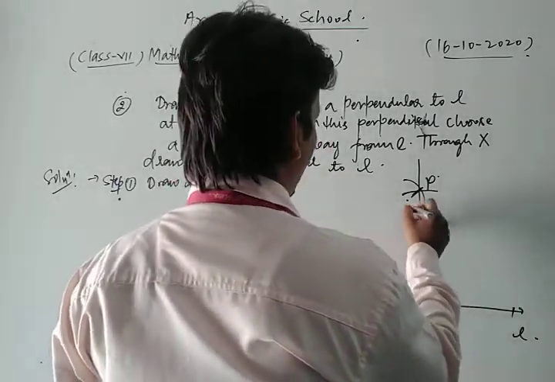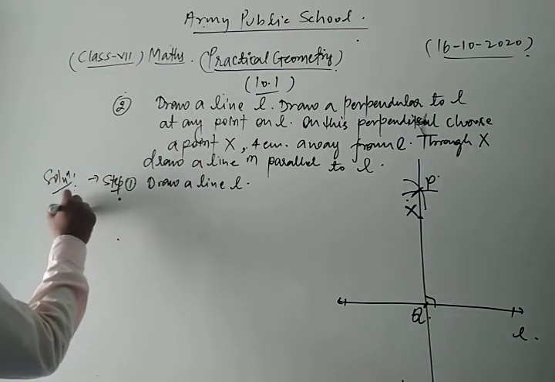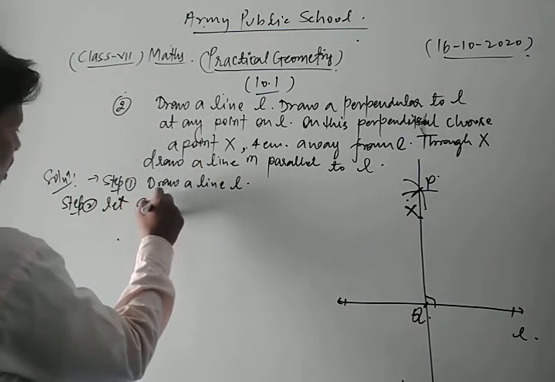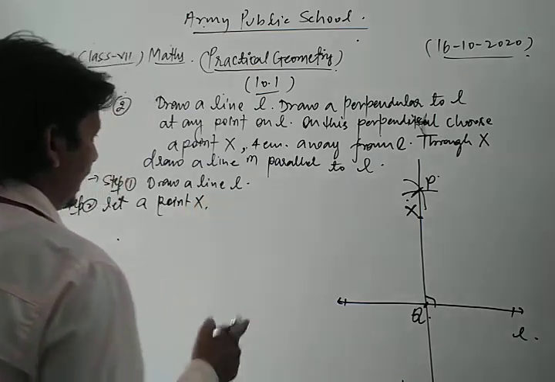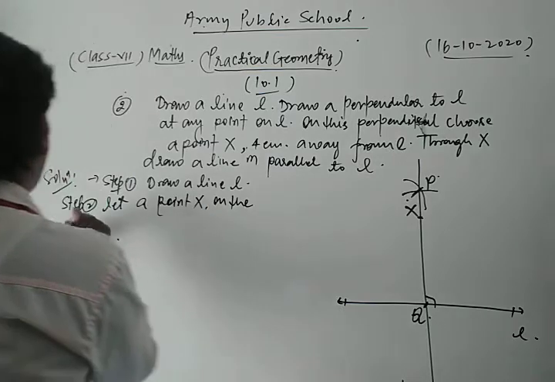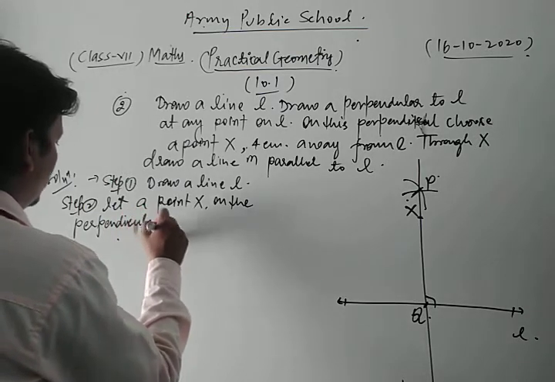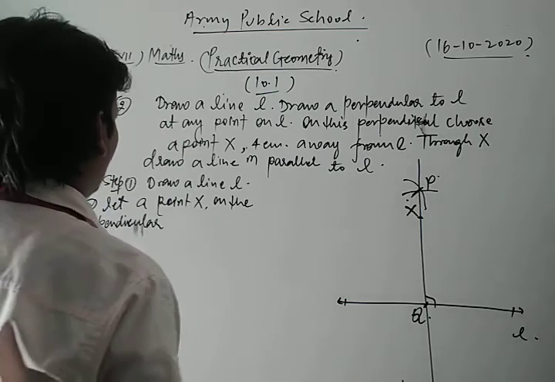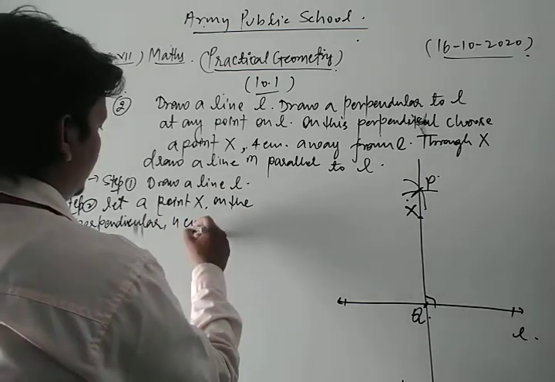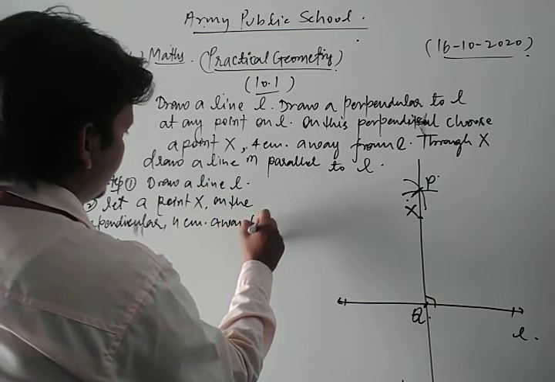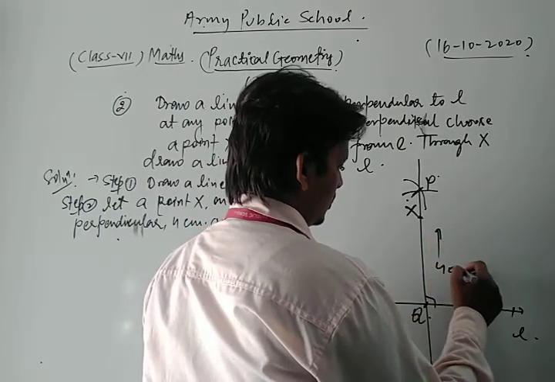We choose a point X. Let a point X be on the perpendicular which is 4 centimeter away from L. Suppose that the distance between X and Q is 4 centimeter.